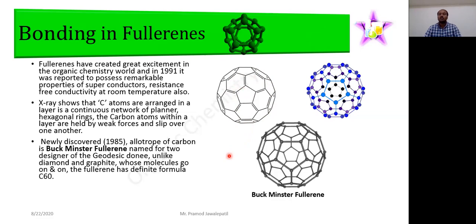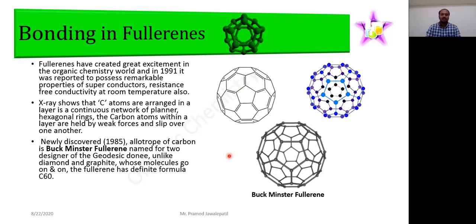This is one of the allotropes of carbon. We have seen in the last lecture graphite, which is one of the allotropes of carbon. Then diamond, also an allotrope of carbon. Like that, Buckminsterfullerene is also an allotrope of carbon, named for the designer of the geodesic dome.